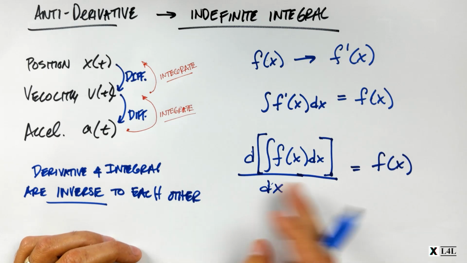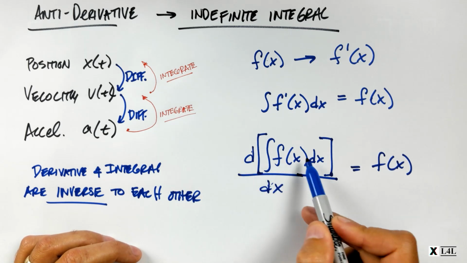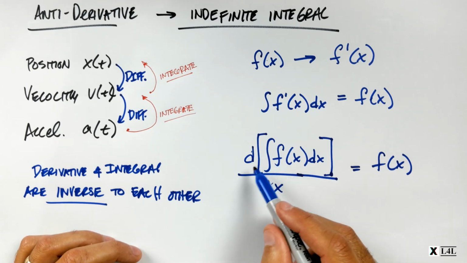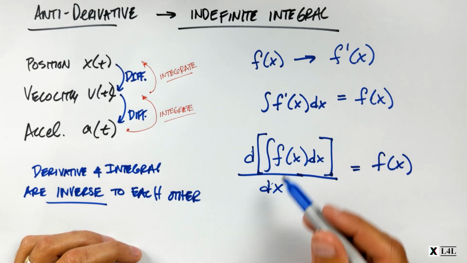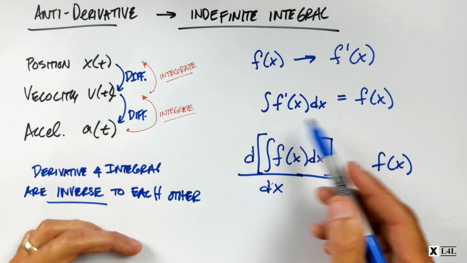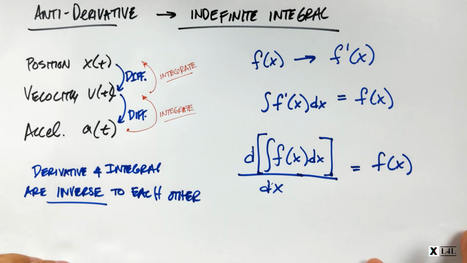Okay, so they are inverse to each other. Taking a derivative of an integral function just unlocks it. It's like squaring a square root, or taking the square root of a square. There's different ways of looking at this, but they are inverse to each other.